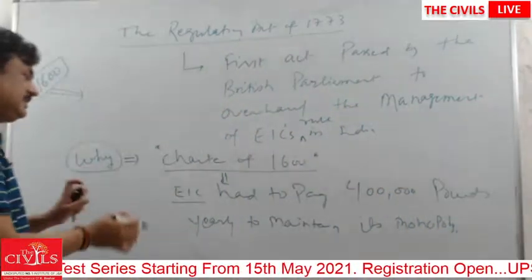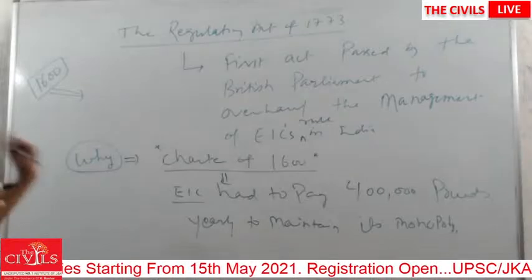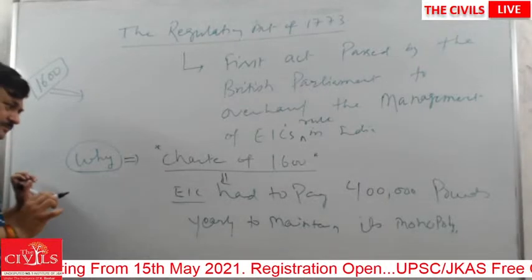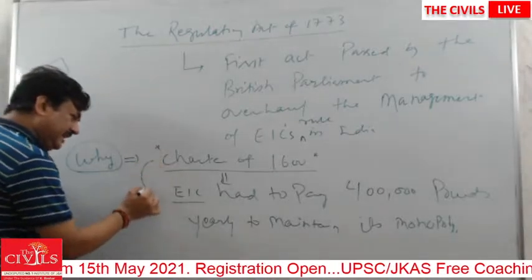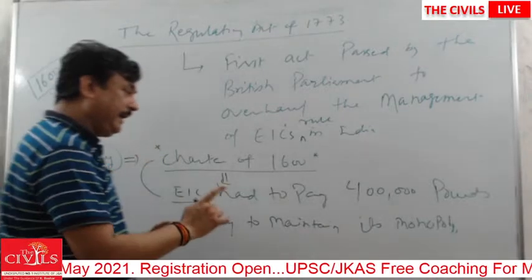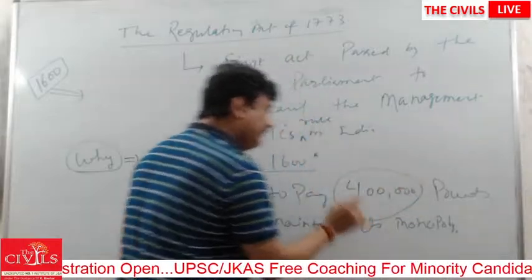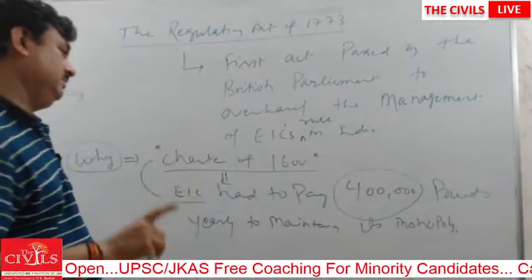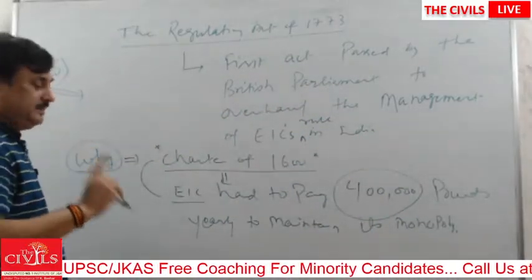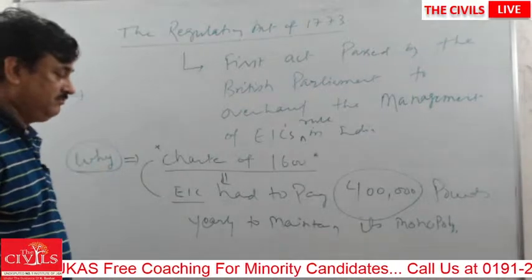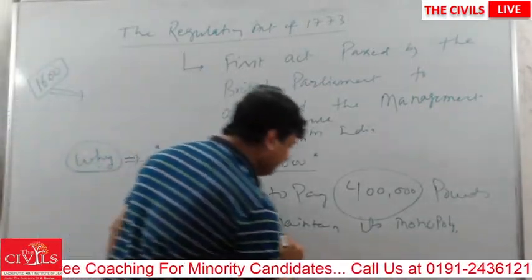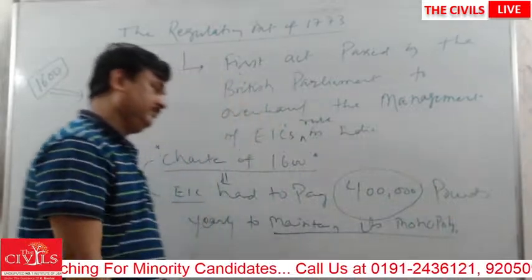So what was mentioned in the Charter of 1600? According to this charter, the East India Company had to pay 4 lakh pounds to the British government yearly to maintain its trade monopoly.